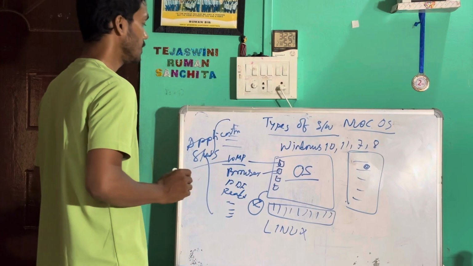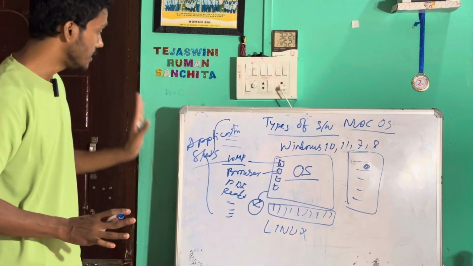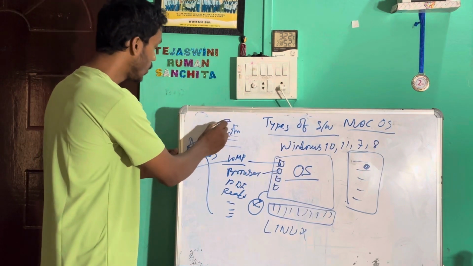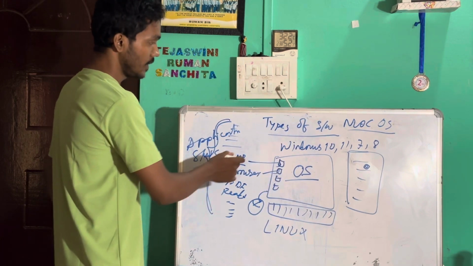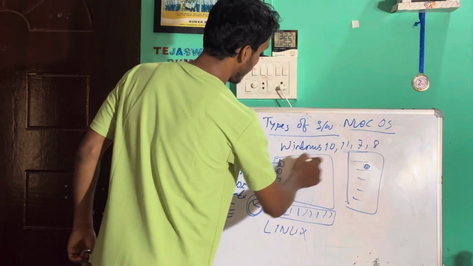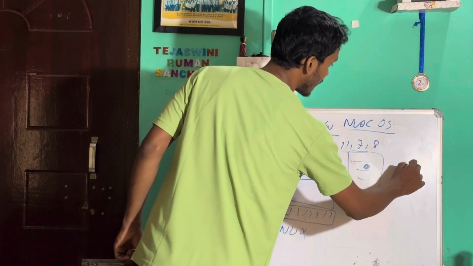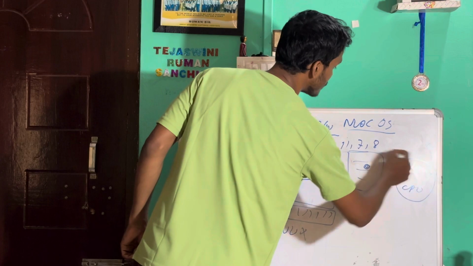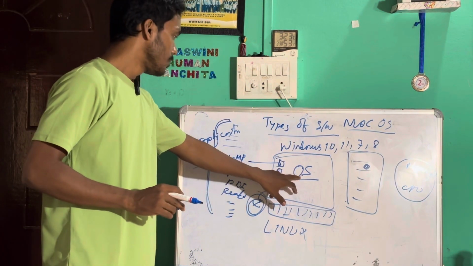This operating system is responsible for the management of everything in the computer, like running all these applications. The hardware that you are talking about, mouse, keyboard, speaker, display, and the components inside the computer like memory and CPU, all the management is taken care of by the operating system.